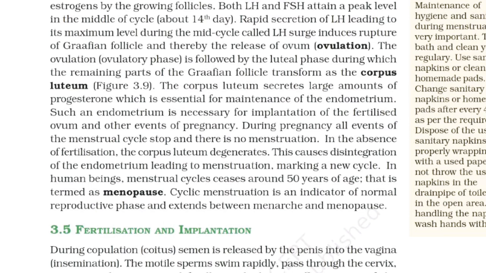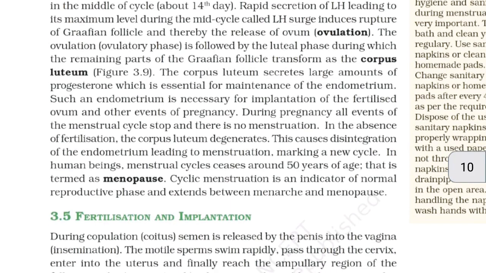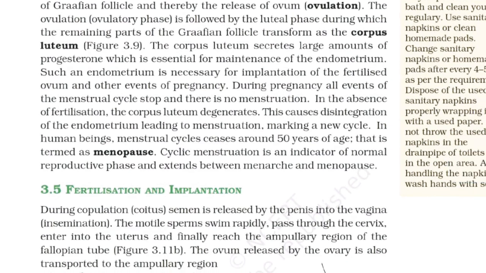The ovulation, which is also called the ovulatory phase, is followed by the luteal phase, during which the remaining parts of the Graafian follicle transform into the corpus luteum. The corpus luteum secretes large amounts of progesterone, which is essential for maintenance of the endometrium.